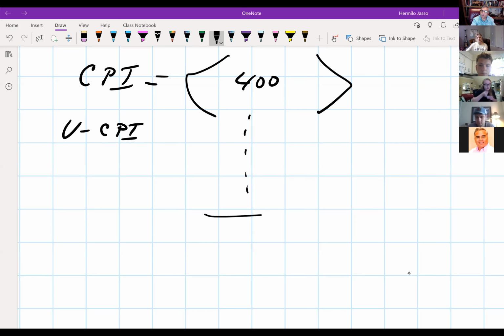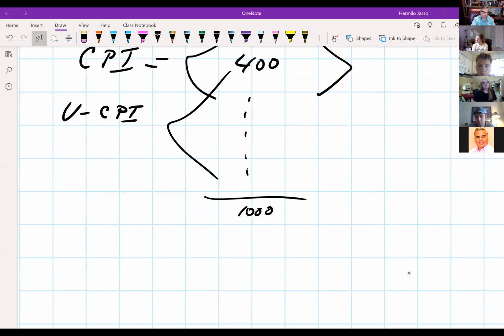And we buy those 400 products and say, okay, how much did you spend to buy those 400 products? $1,000. Then the next year we go and buy the same basket of goods. That's it. The basket of goods is the same basket, the same products. And then if the following year you spend $1,200, as you can see now things cost $200 more than before.